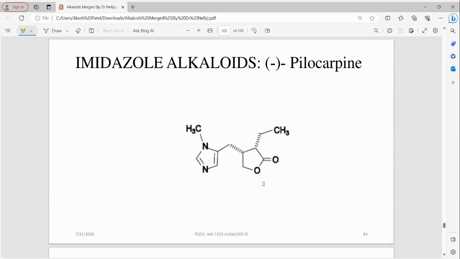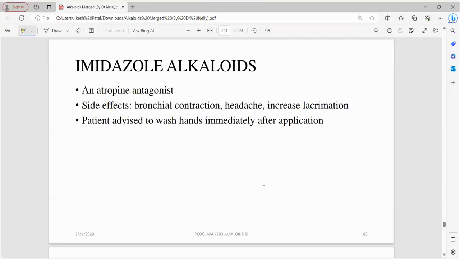It will increase lacrimation because it causes increased secretion. Remember, when you think pilocarpine, it mimics acetylcholine. So in terms of imidazole alkaloids, you just have pilocarpine, the one that deserves to be mentioned. The source, Pilocarpus jaborandi.